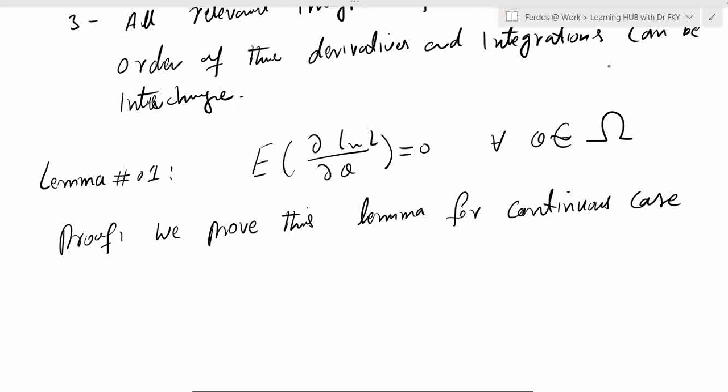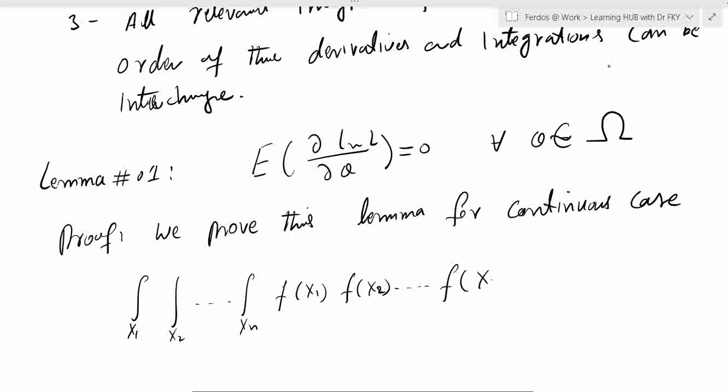So you can start like this: integration with respect to x1, x2, up to xn, of f of x1, f of x2, up to f of xn, dx1 dx2 up to dxn.